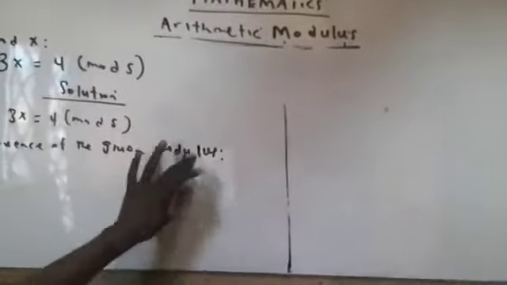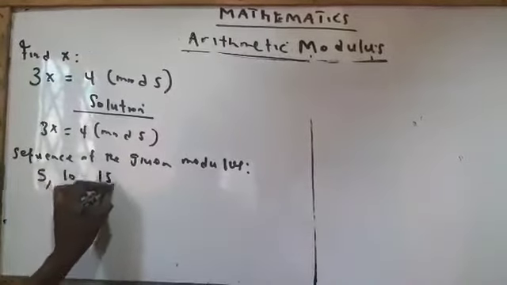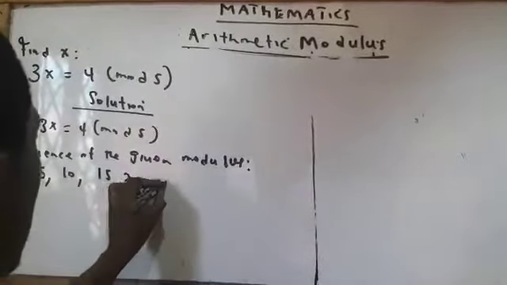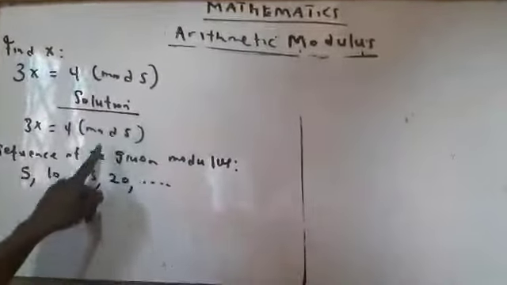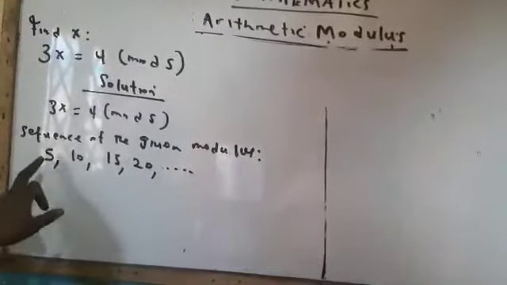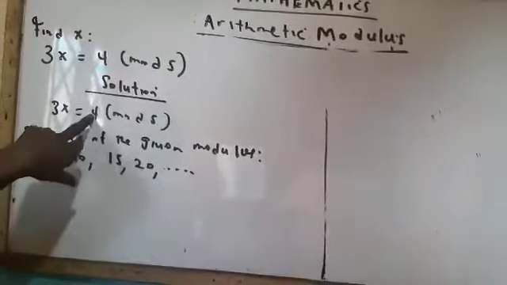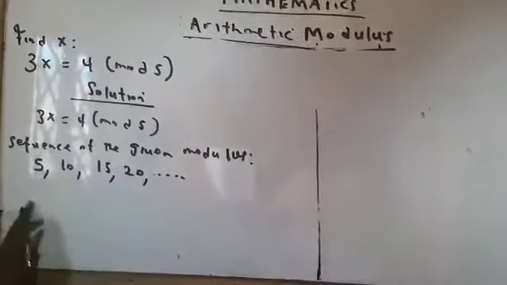So what do I have? 5, 10, 15, 20. I can go on and on. Now what does the rule state? The rule states that I am going to get the sequence such that if I add it to this, it can be divided by the unknown variable. So let's look at it.